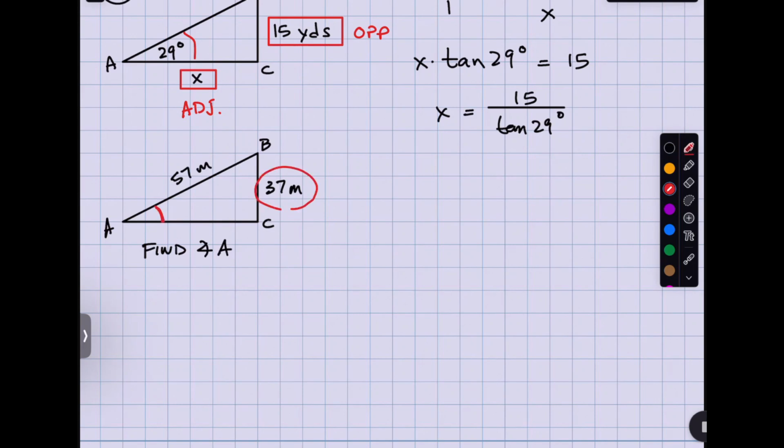What is this? What is this? So which trig function am I going to use? So in this case, I'm looking for A, right?